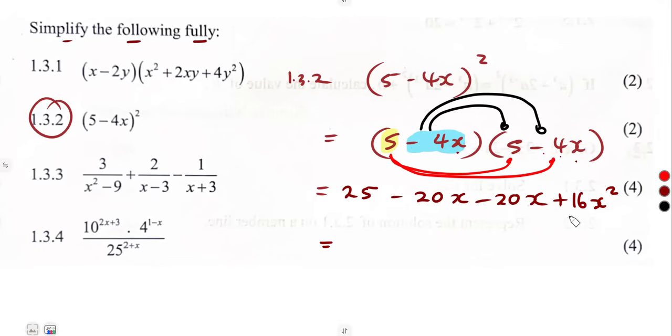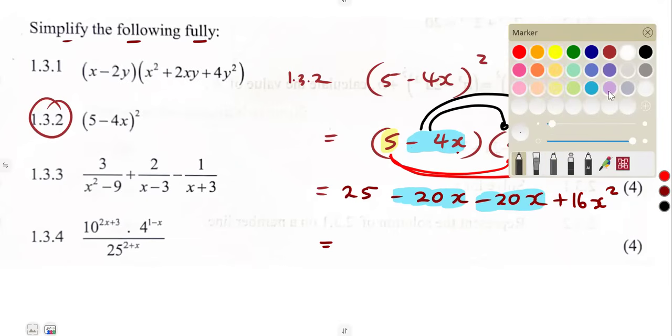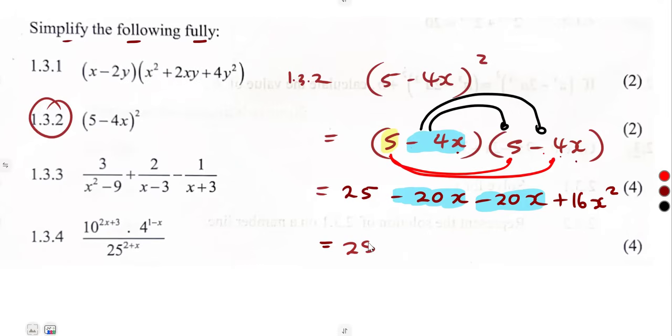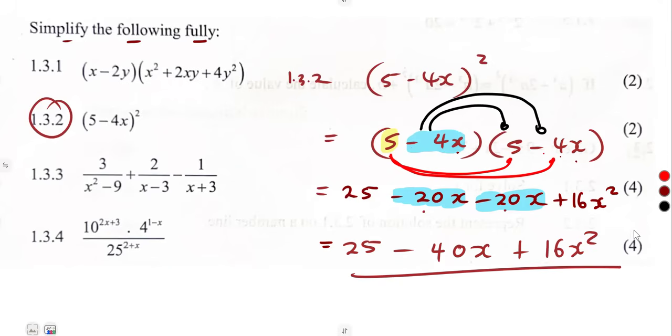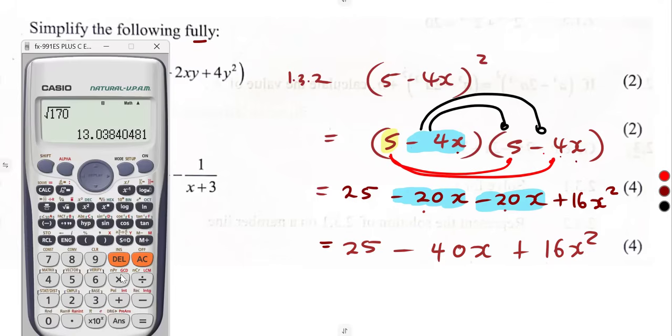So we collect the like terms. In our case, we have got negative 20x and negative 20x. These are like terms. So that was going to give us 25 minus 20 minus 20. That's what? Minus 40x plus 16x squared. You are done. So that is how it can be like. All right, you can even use your calculator, guys.